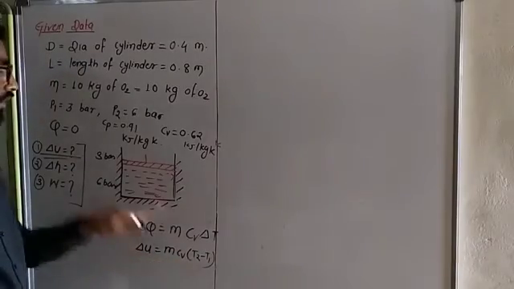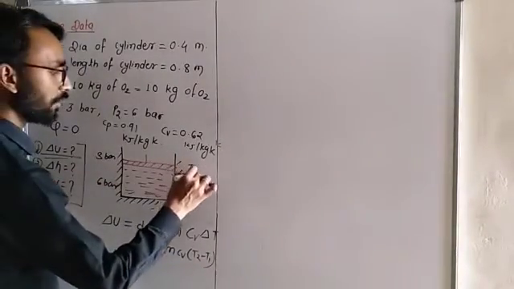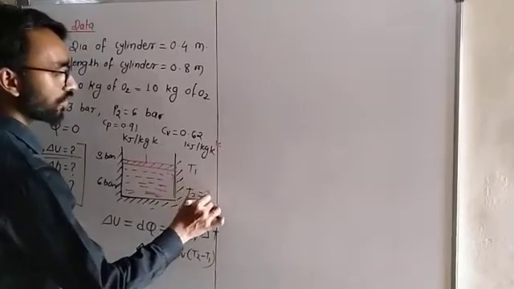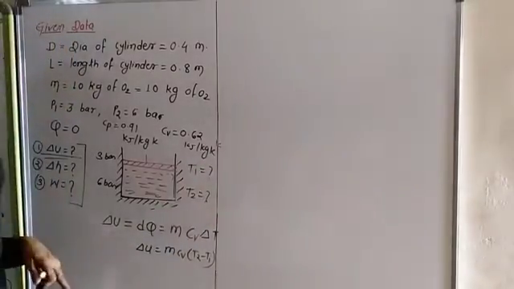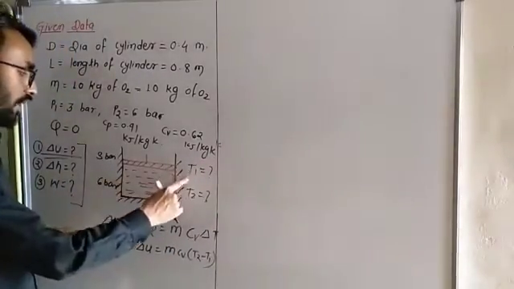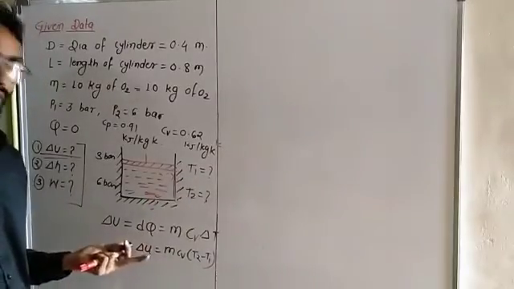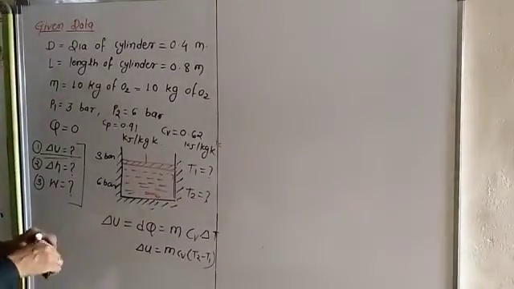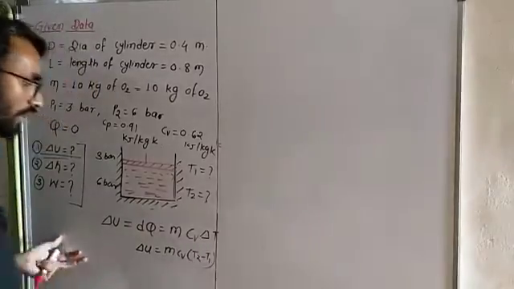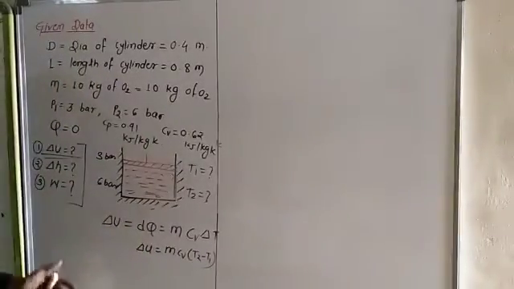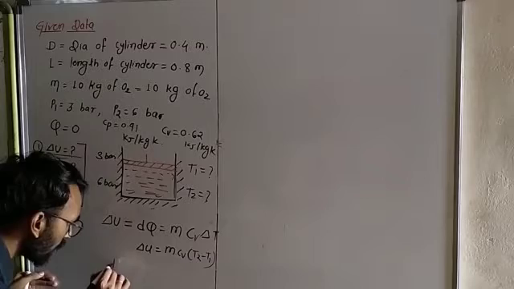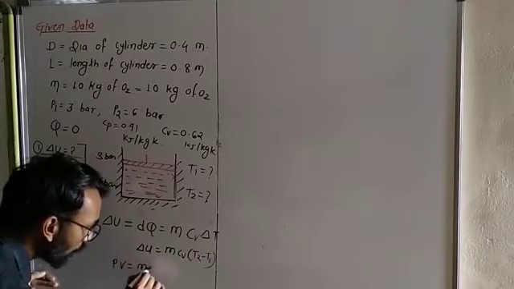How to calculate the temperature at the inlet and the temperature at the exit? In common sense, T1 is less than T2. T1 and T2 can be calculated from the ideal gas equation, PV is equal to mRT.